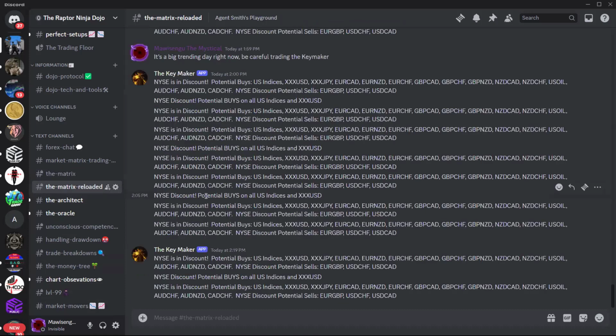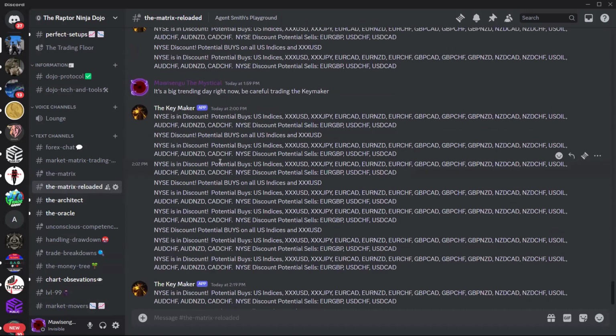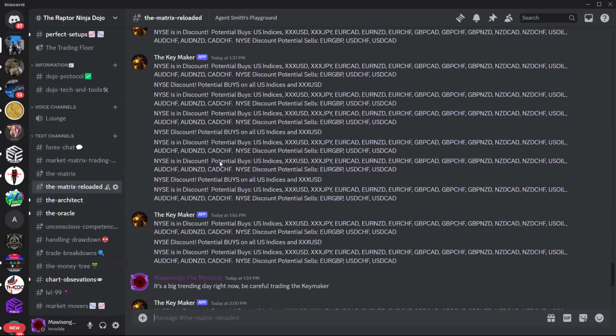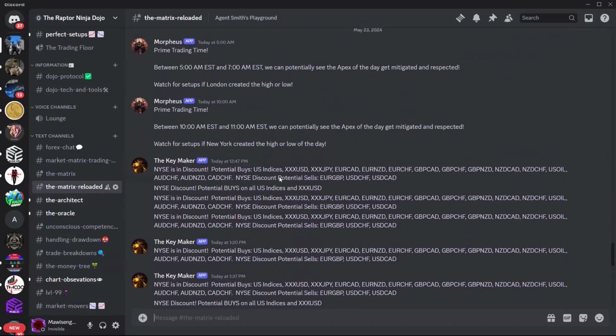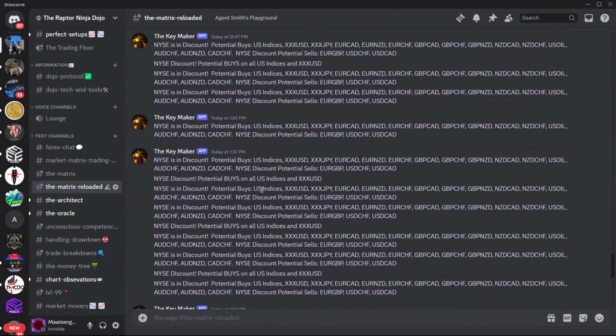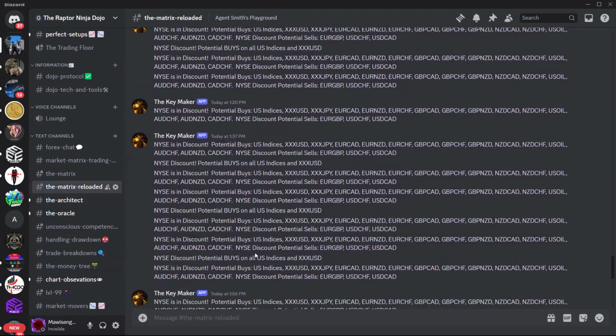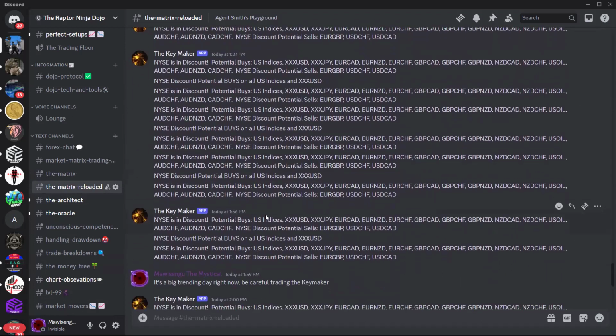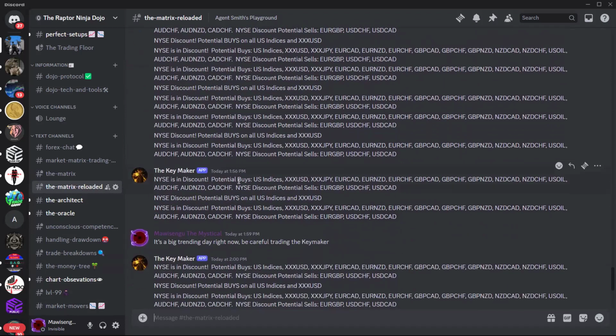We have the Matrix Reloaded, which the keymaker calls out plays on the entire stock market, right? The main thing about this AI is that if it's calling out a bunch of the same plays, it means that the market is trending. It's actually an invalid signal, so you would do the opposite of what it says.